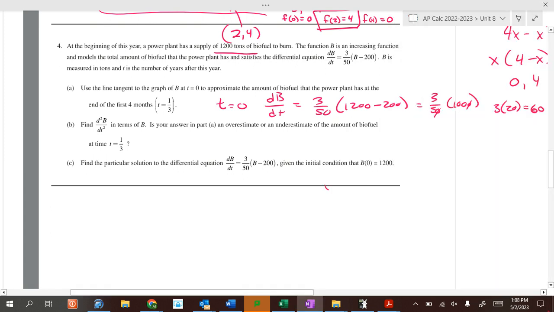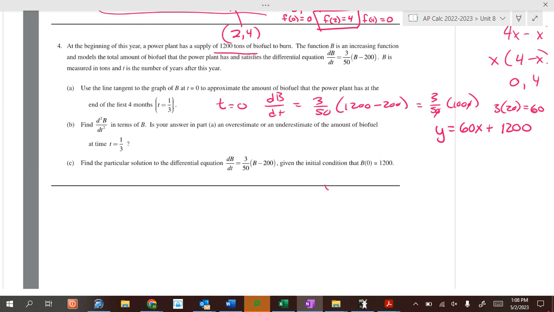Okay, so the tangent line is y equals 60t plus 1,200, because it's 1,200 at time equals 0.